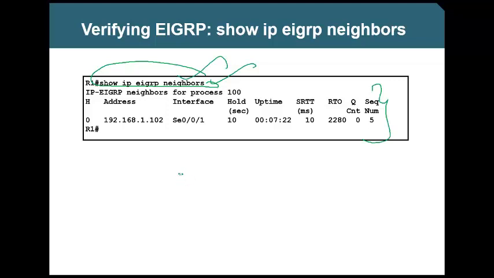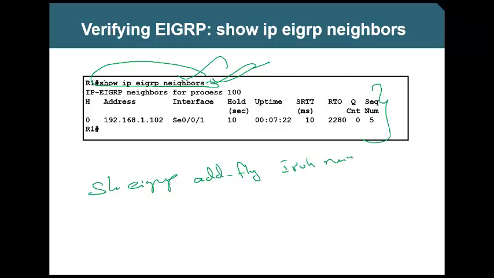In the older way it is show ip eigrp neighbor. In the new, modern way, we say show eigrp address-family ipv4 neighbor.